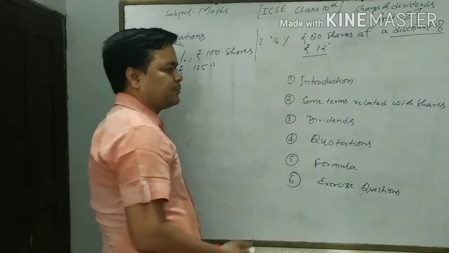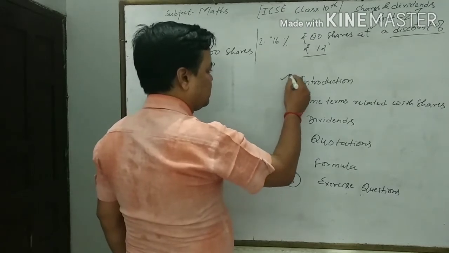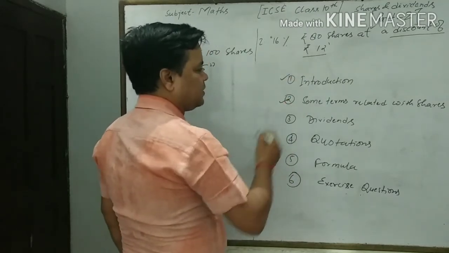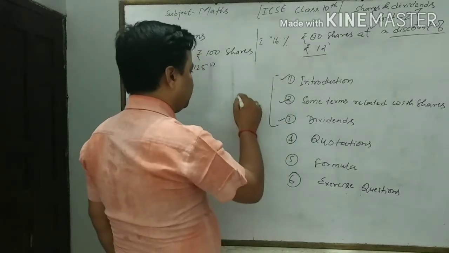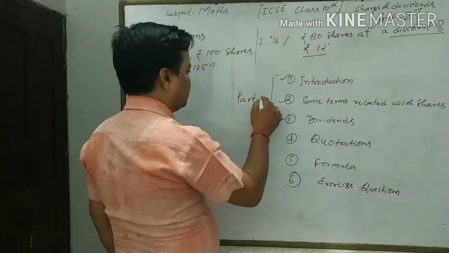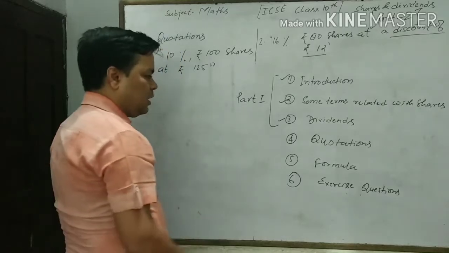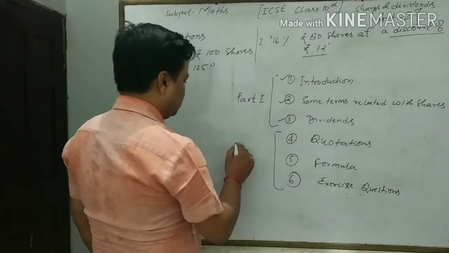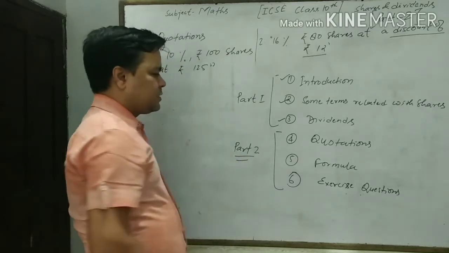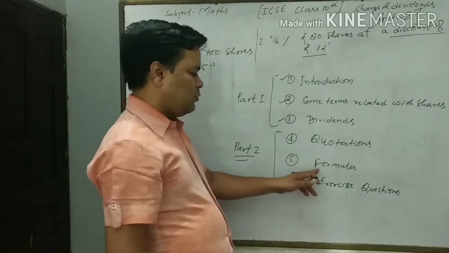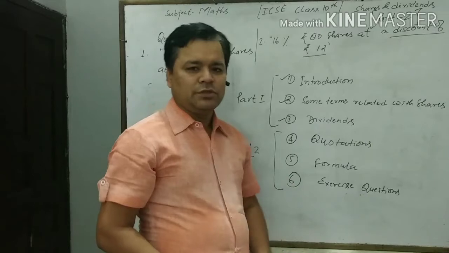The introduction part and the terms related with shares and dividends are already over. Now, in the second part of the video, we discuss the quotation, formula, and exercise questions.